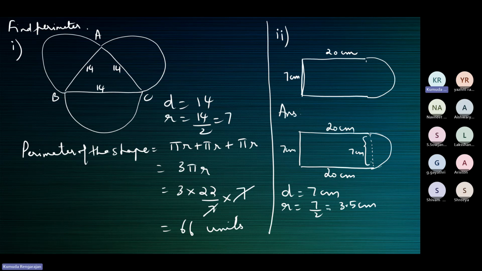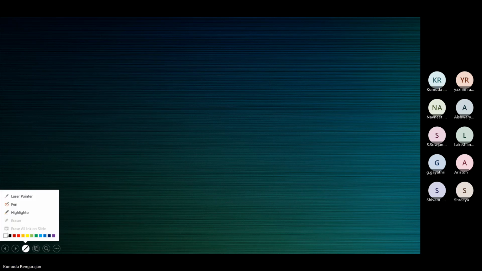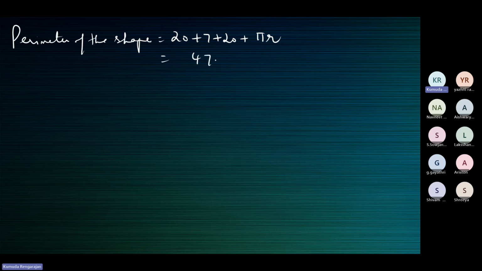And r is equal to 7/2. So the perimeter of the shape is equal to 20 plus 7 plus 20 plus pi r. So this is 47 plus pi r.